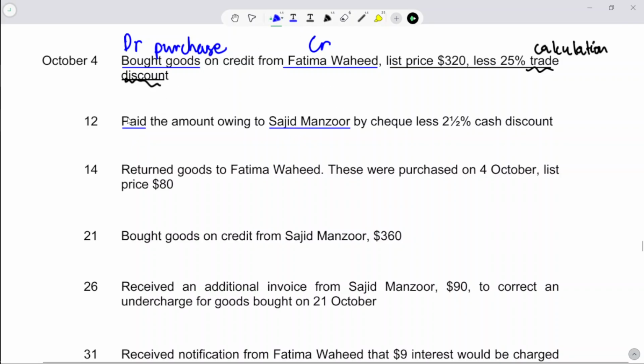You pay, so you actually spend money. Spend money, so you credit by pay by check. So it's credit bank, and then this one will be debit.